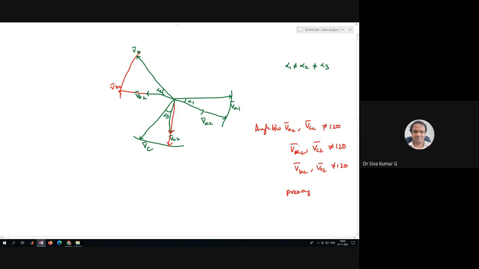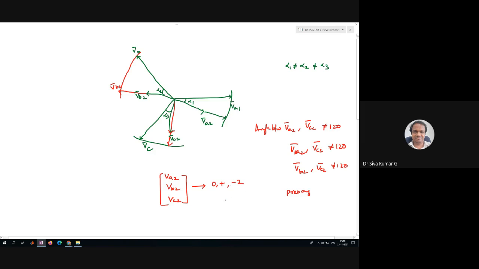What they do is resolve VA2, VB2 and VC2 into sequence voltages, that is the zero sequence, positive sequence and negative sequence.